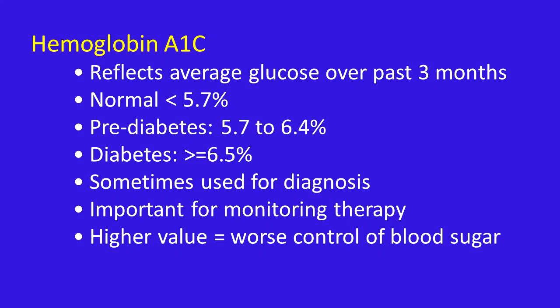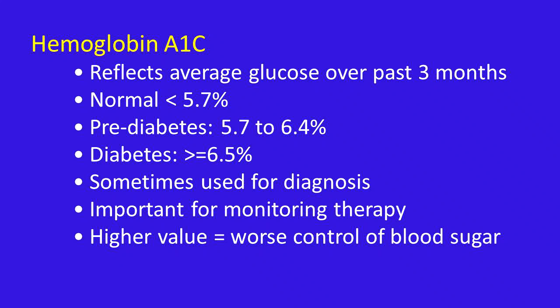In a healthy person, the fraction of hemoglobin A1C is less than 5.7%. But if an individual has more than 6.5% hemoglobin A1C, that's an indication of diabetes. Between 5.7 and 6.4 can be diagnosed as pre-diabetes.